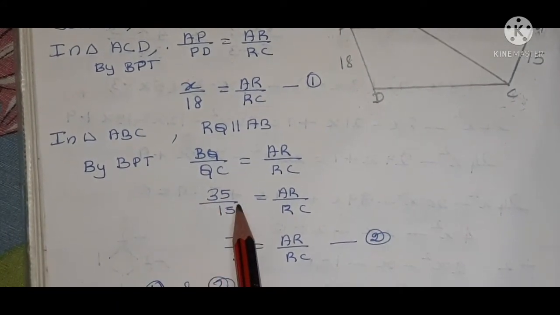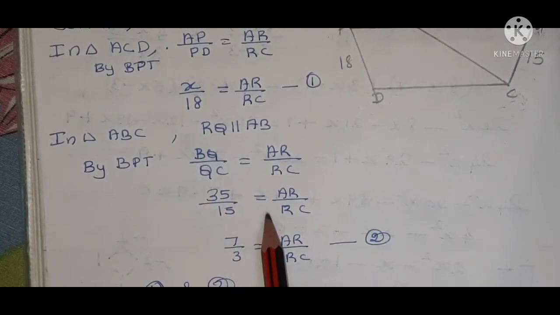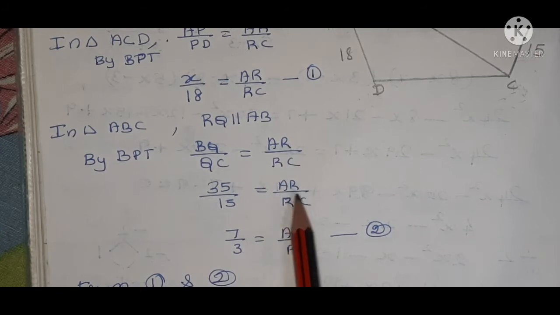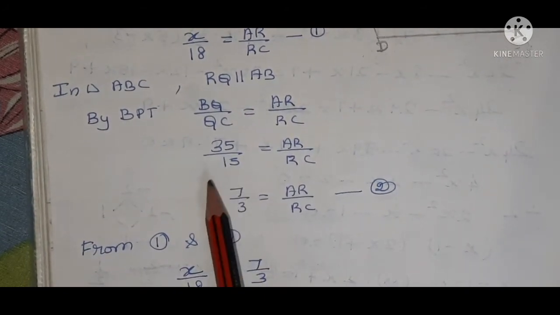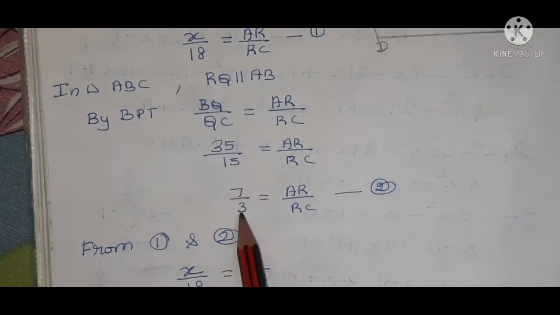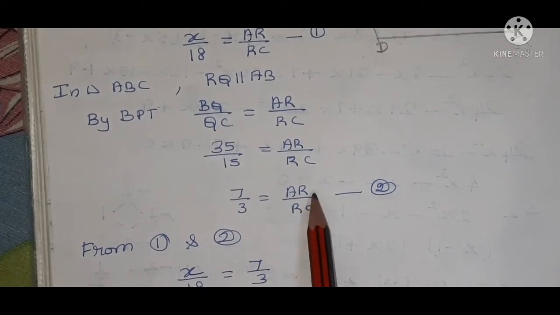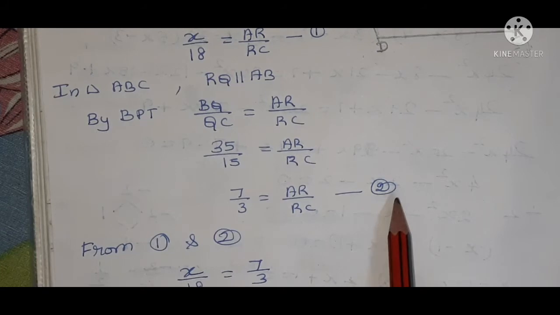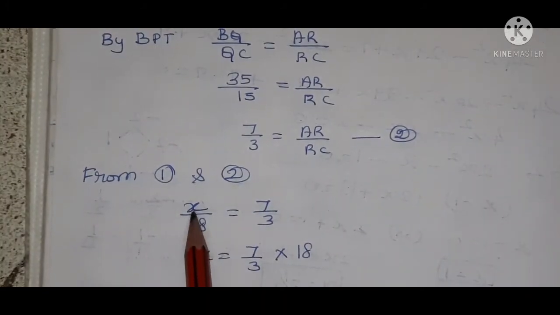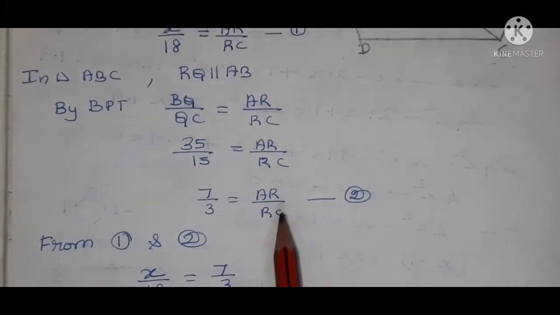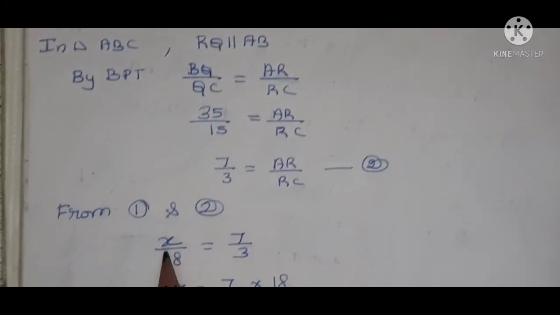PQ is 35 by 15 is equal to AR by RC. 35 by 15, cancelled by 5, we get 7 by 3 is equal to AR by RC, taken as 2. From 1 and 2, right sides are equal, so left sides are equal.